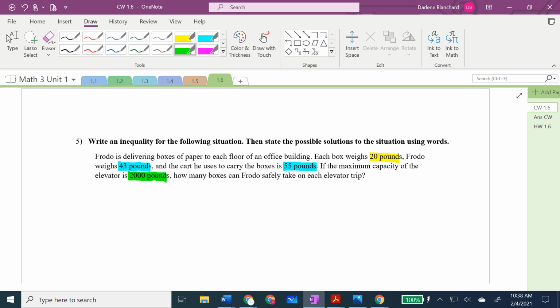We don't get to have two. Frodo does not duplicate himself and become two Frodos. 43 pounds is 43 pounds. He can only push one cart at a time. We could picture maybe something otherwise, but there's only one cart.